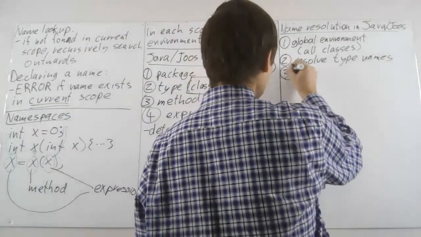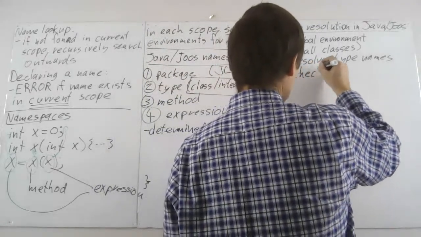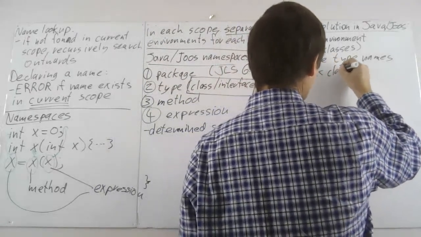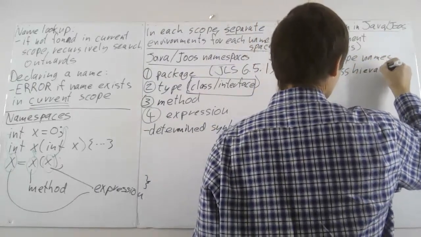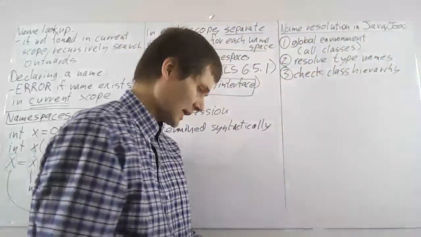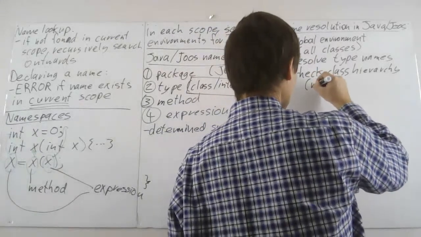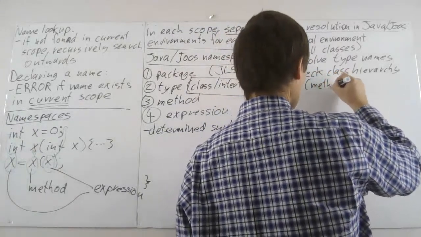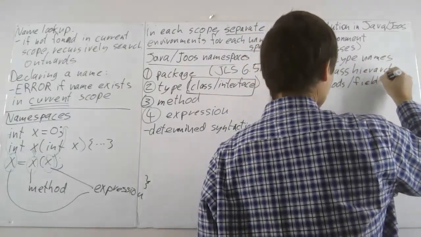After we know that, we're going to check the class hierarchy, or I guess I should say the type hierarchy, to include interfaces as well. This part includes figuring out methods and fields of classes.